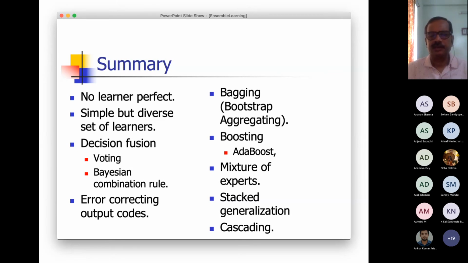Then the boosting method we have also discussed, where you are learning complementary learners and providing weights to the decision-making process. There are other strategies, like acting as a resolver, where a tiebreaker can be introduced when there is a tie in a set of learners. That we have also seen in the boosting approach.